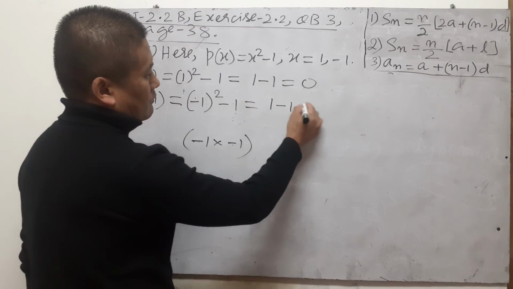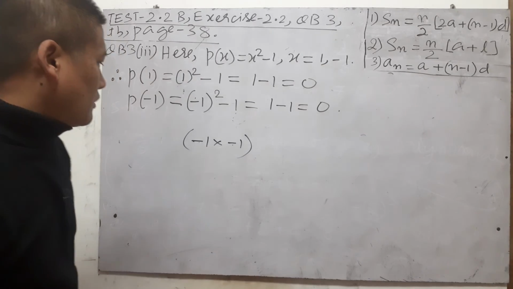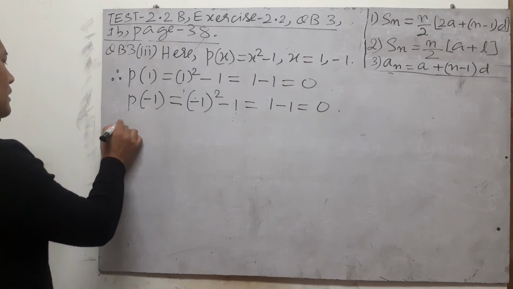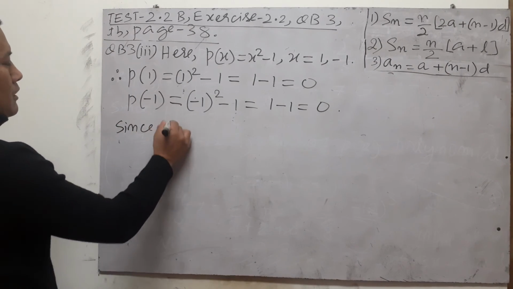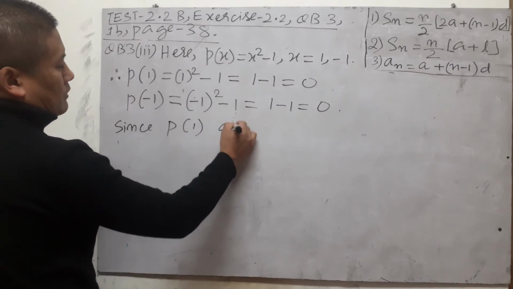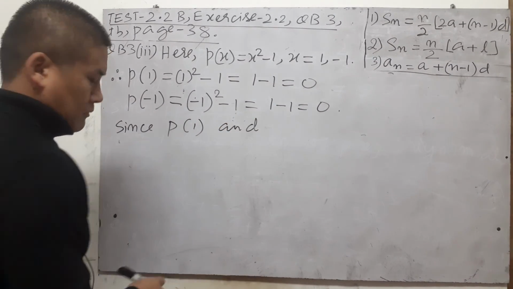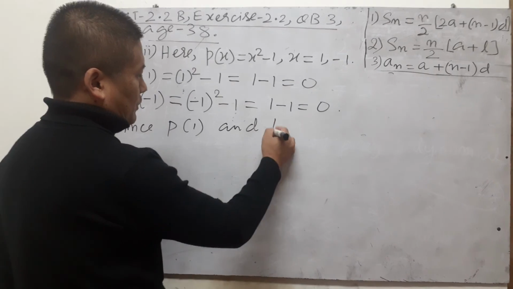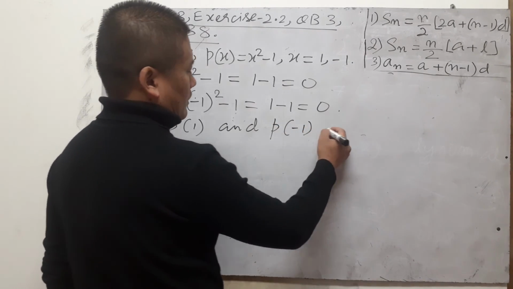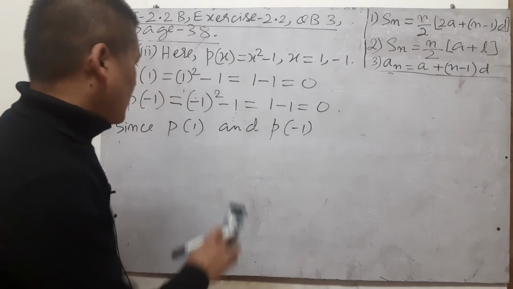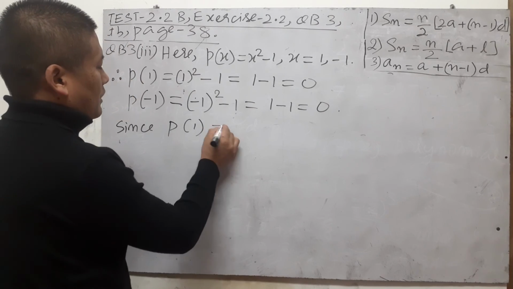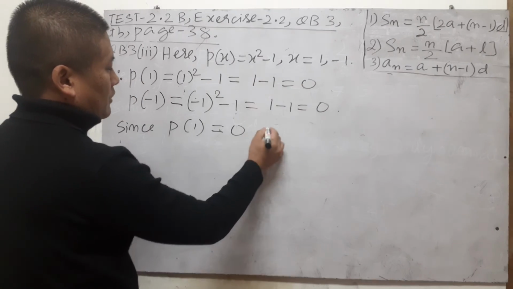Then 1 minus 1 is 0. So both of these are zeros, since p of 1 is equal to 0, we found out.